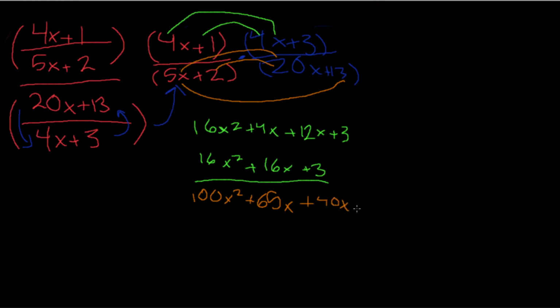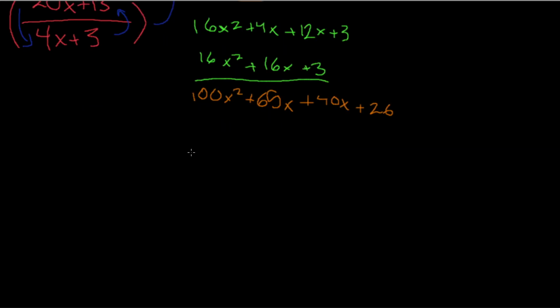And then the 2 by the 13, plus 26. So then, after all this, we are left with 16x squared plus 16x plus 3 over 100x squared plus 85x plus 26.